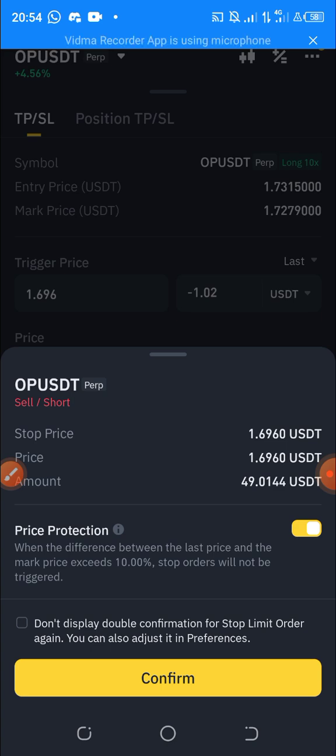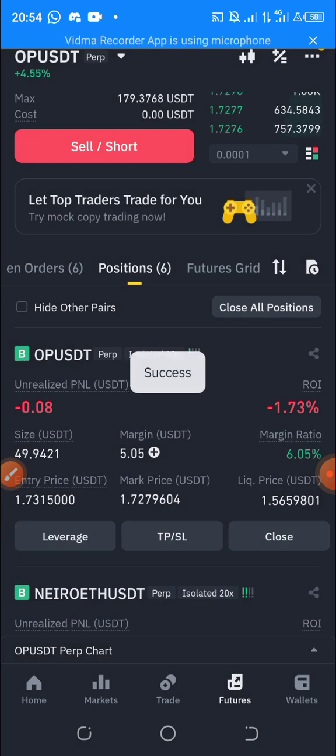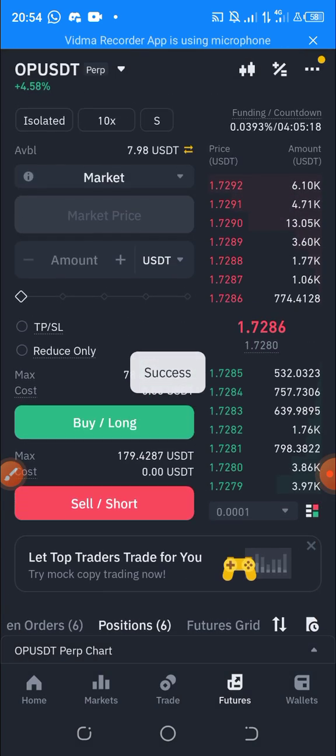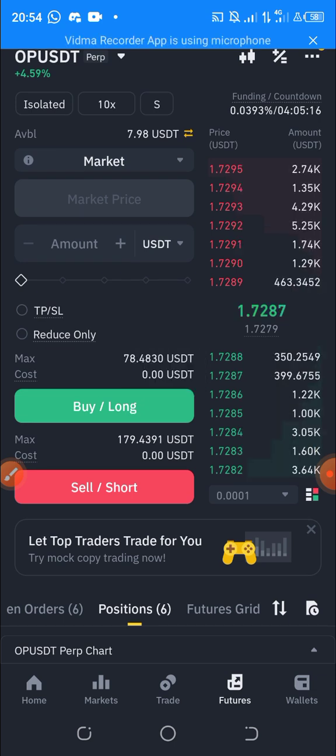So of these orders, the first one that triggers. Let's say the coin goes up and it gets to my 1.78, then my profit order will be triggered and I will exit the trade.